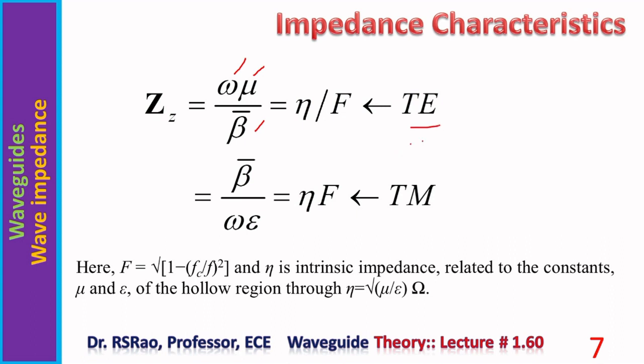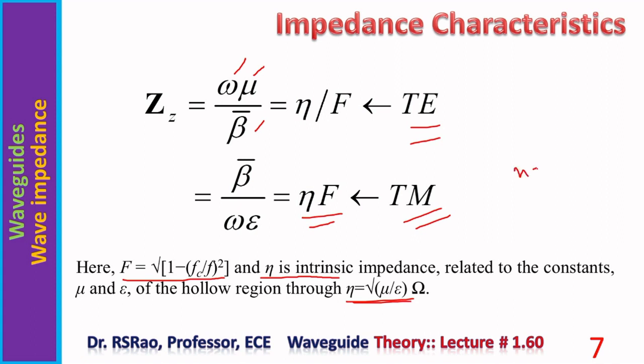Similarly, for TM, one can find it is beta bar by omega epsilon. This can be shown as the product of intrinsic impedance with factor F. Here F is square root of 1 minus fc by f whole square, and eta is intrinsic impedance, given here as square root of mu by epsilon.